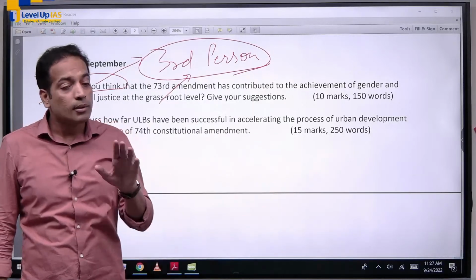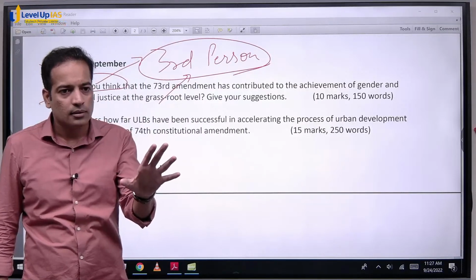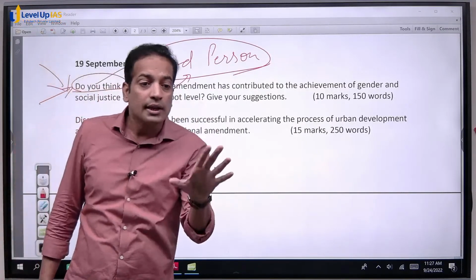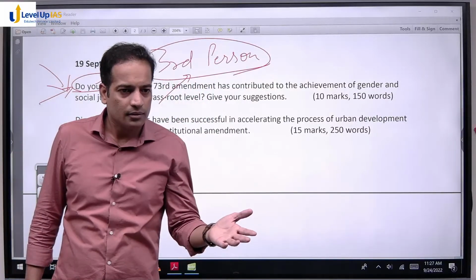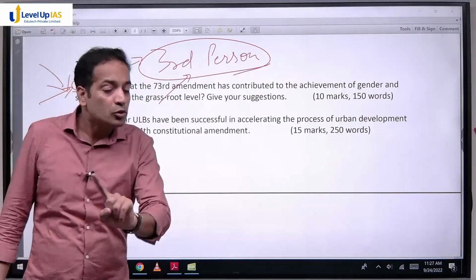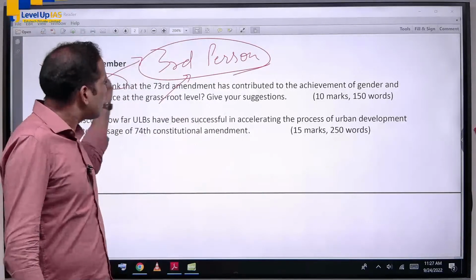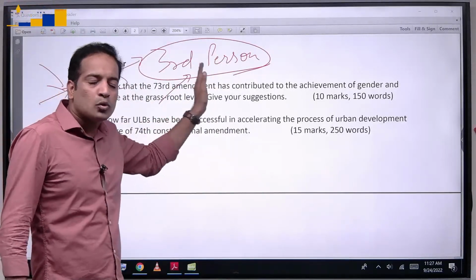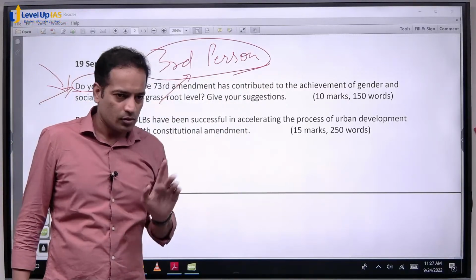They are concerned about your knowledge, your understanding. And that knowledge, that understanding will be based on what you have gone through, what you have read. So that is why do you think does not mean your personal opinion. It always means your knowledge about the subject matter, reports, comments and all made by various committees. Okay.